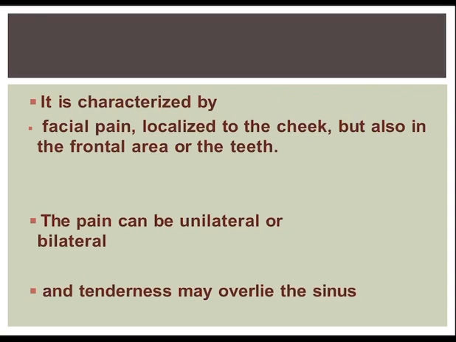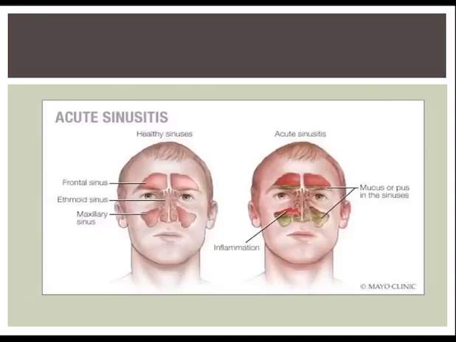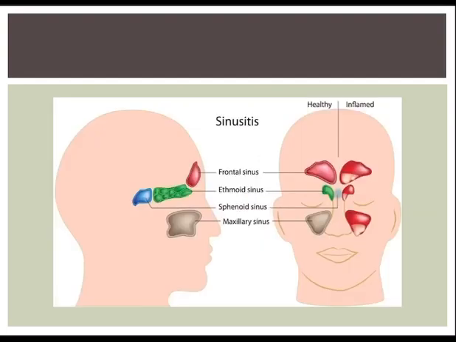The pain can be unilateral or bilateral, and tenderness may overlie the sinus. Here in this picture we can see healthy sinuses and also acute sinusitis. We can see inflammation and mucus in the sinus. Also here we can see a healthy and an inflamed sinus.